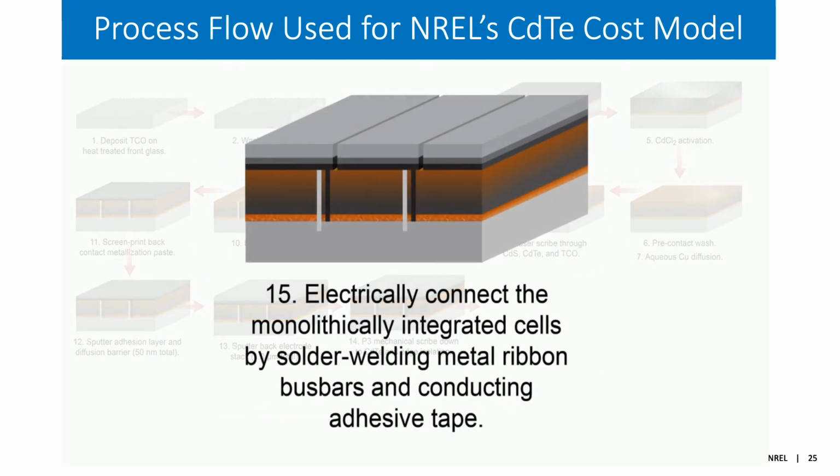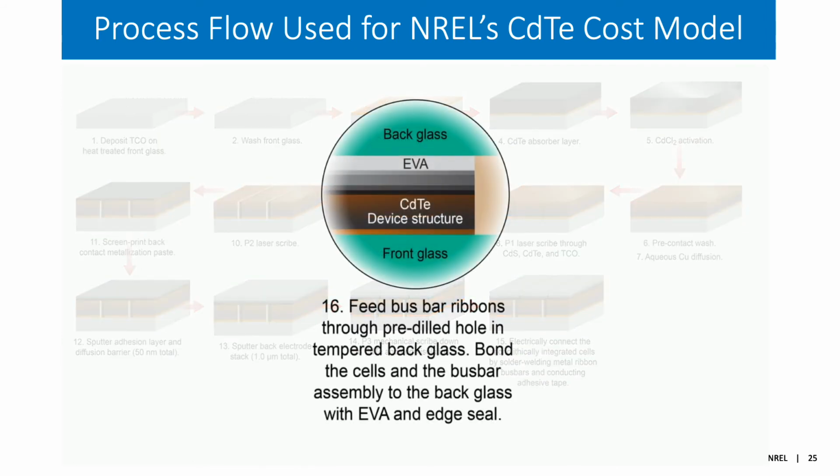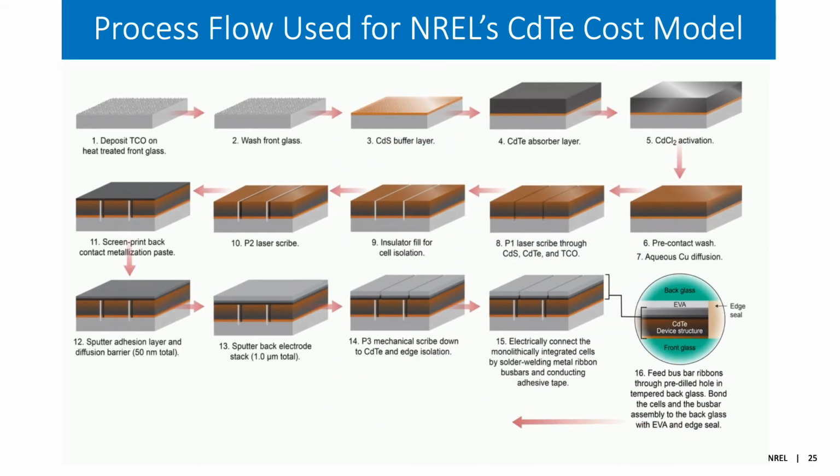And then we electrically connect the monolithically integrated cells by solder welding metal ribbon and bus bars and conducting adhesive tape. And then finally assemble the module by feeding the bus bar ribbons through the pre-gelled hole in the tempered back glass, bonding the cells to the bus bar assembly and to the EVA back glass and edge shield.